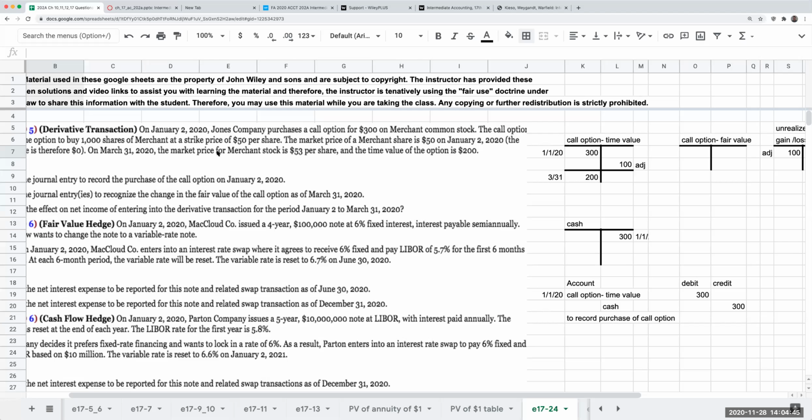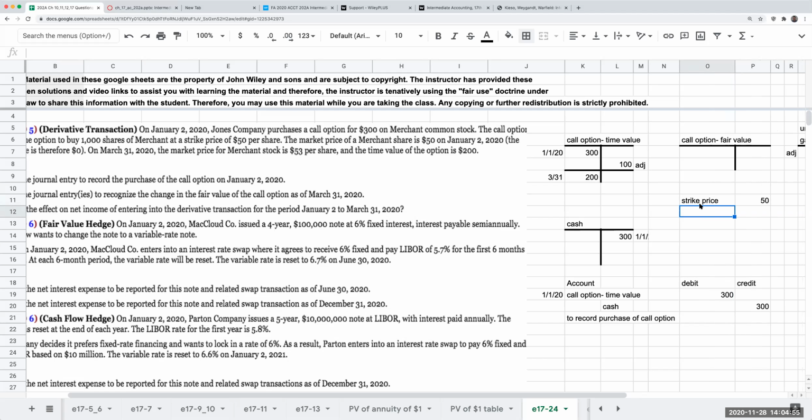Now, in terms of my strike price, it is at 50. The value of the share price on March 31st is 53. So this increase is $3 per share.